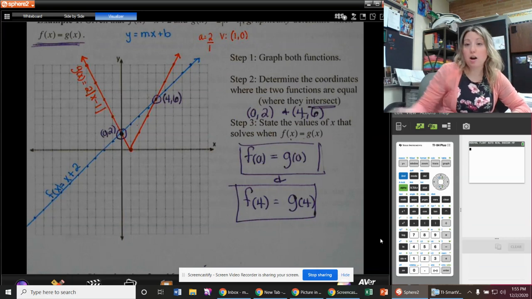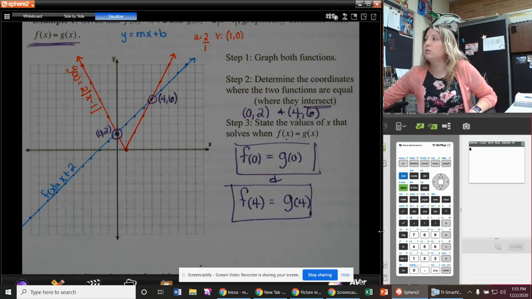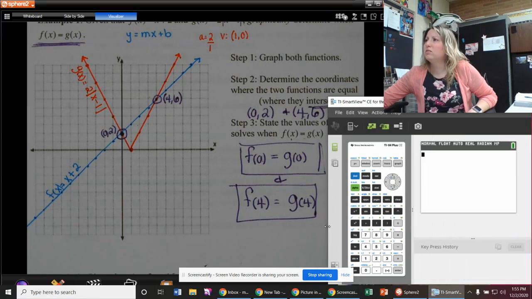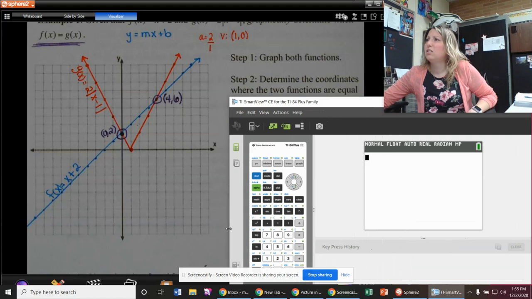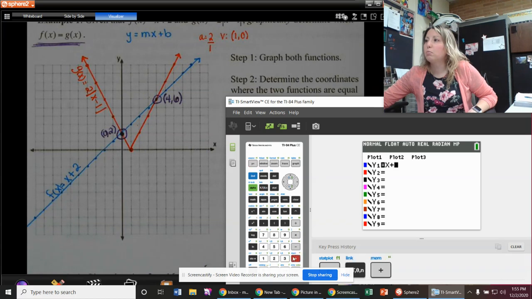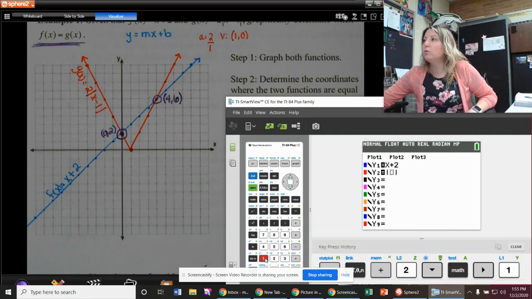I just want to show you on our graphing calculator here. So let me make this a little bit bigger. Oops, I grabbed the wrong one. Make this a little bigger. Okay, let me plug these into y equals. So y equals x plus 2, and then arrow down. y2 is going to equal, and that's obviously my g function because it's red. So math, arrow right to number, ABS is absolute value.